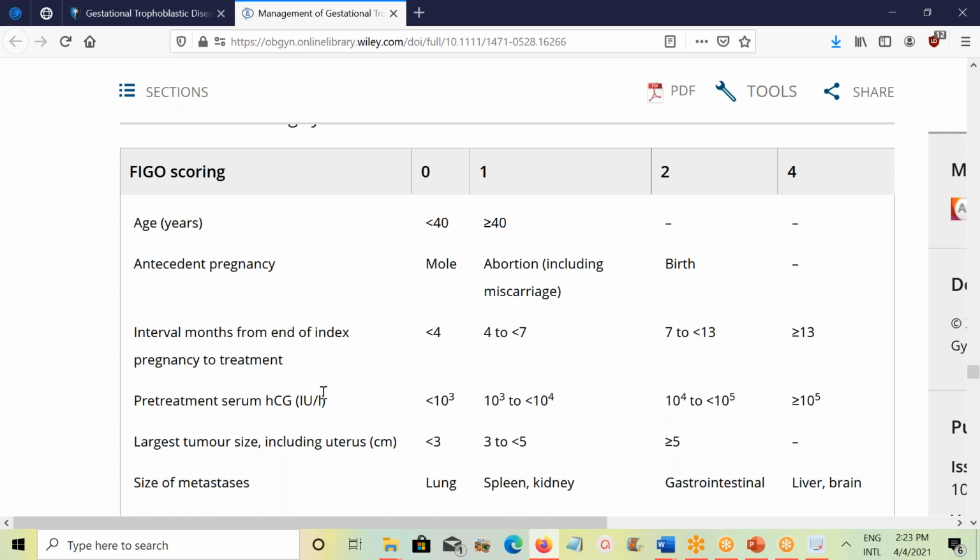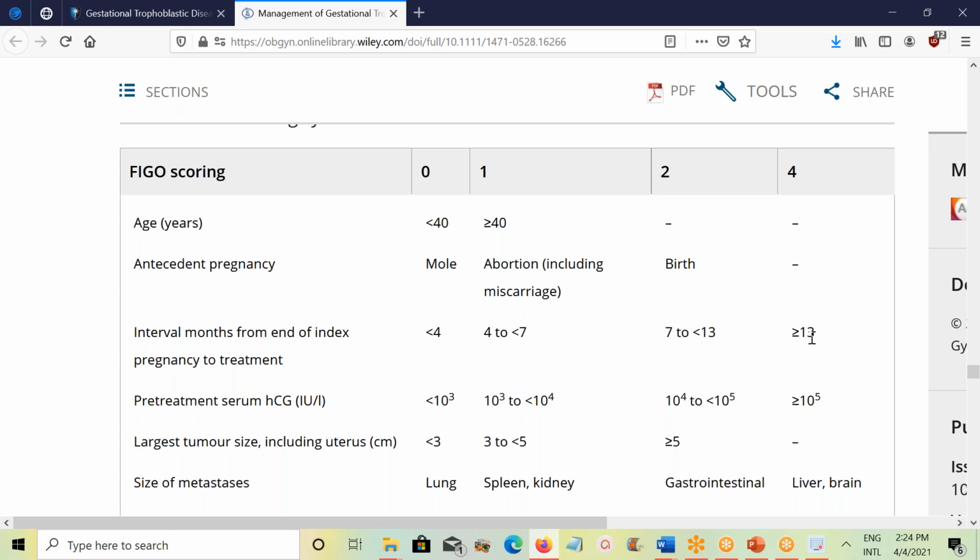If the patient is more than 48 months after the last pregnancy and has developed PSTT, then the death rate is 100%. As the time increases, more than 48 months, the chance of death will increase.